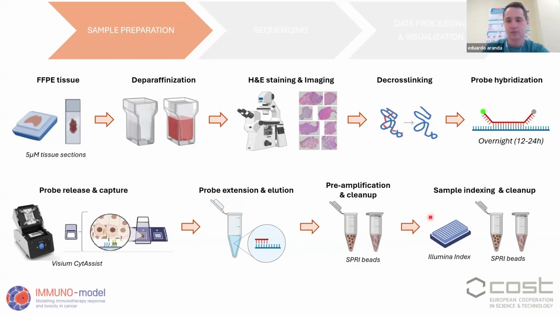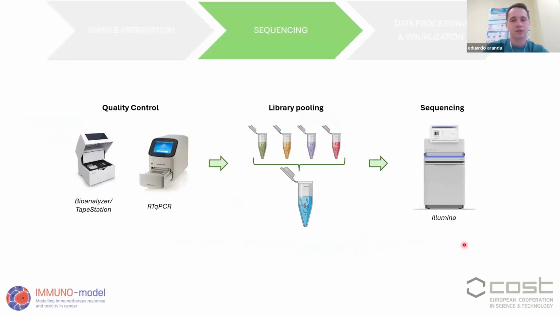And later, the last steps consist of the sample indexing and the last purification, resulting in the final libraries. Before sequencing, it's essential to perform a quality control of the libraries. To do so, we use 2 approaches here: the capillary electrophoresis, and here the real-time quantitative PCR. After that, it's possible to pool all the libraries and sequence using the Illumina instrument and its protocols.